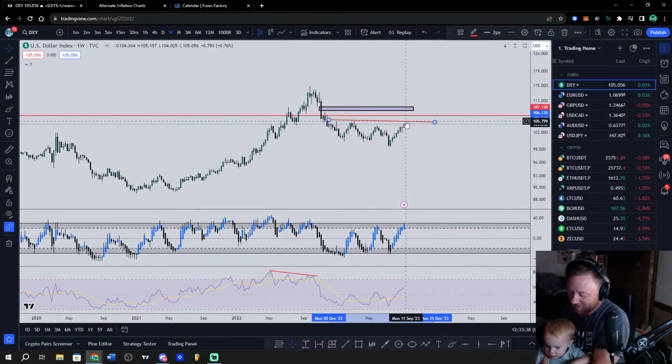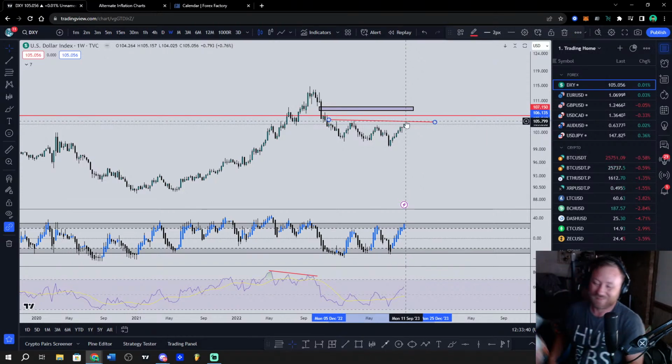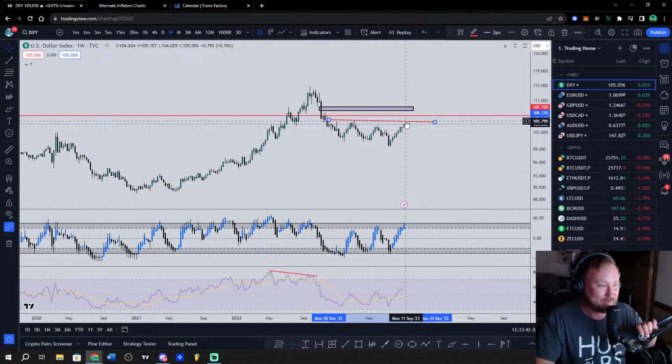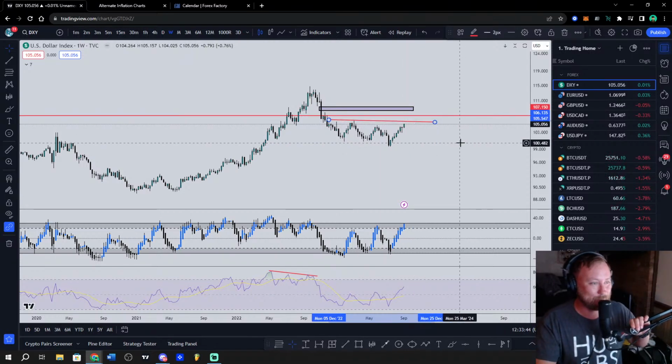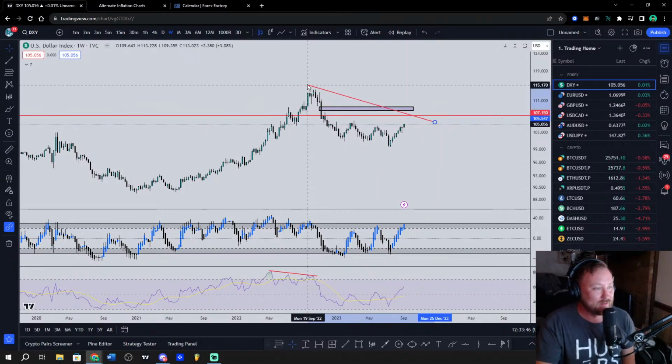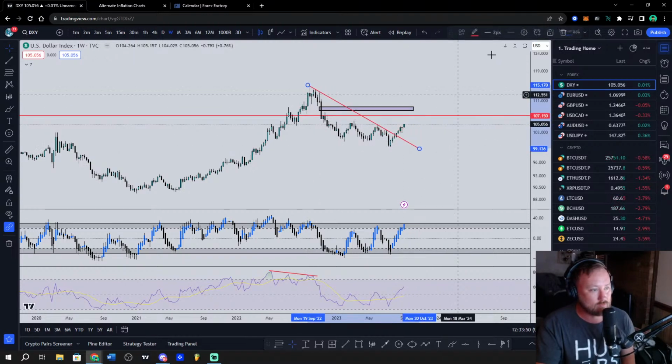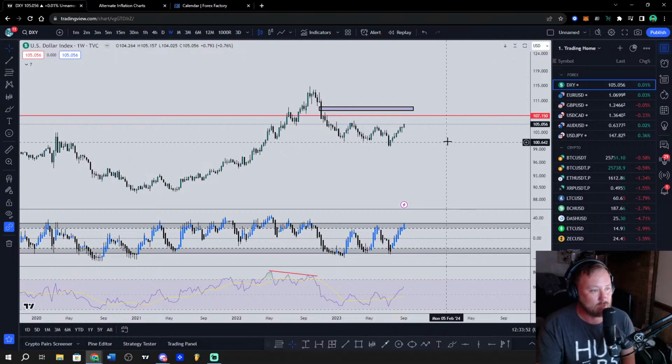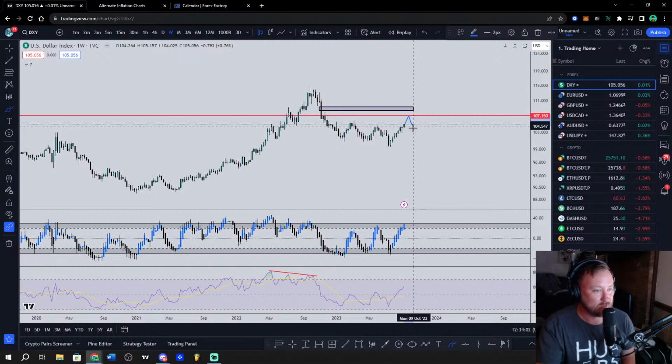Sorry, had my kid jump in my lap. Basically retesting that 103.5 area and then continuing its way up. Gotcha. 103.5 and then continuing. So you expect, exactly what I was saying, come up and then come down and then come back up.